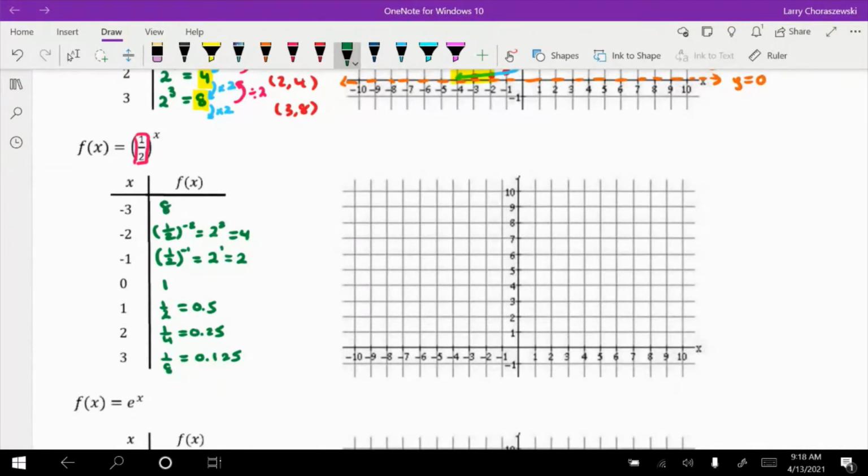And then -3 will give us a y value of 8. So here are our points: -3, 8, -2, 4, -1, 2, 0, 1, 1, 0.5, 2, 0.25, and then 3, 0.125.